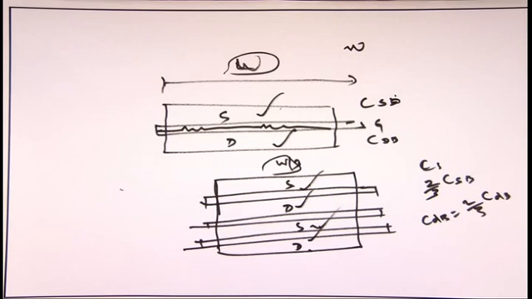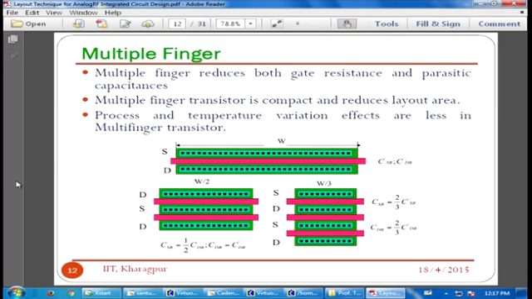See this figure. For W, the single transistor, source to bulk and drain to bulk are the capacitances.